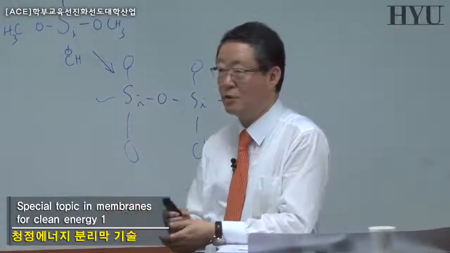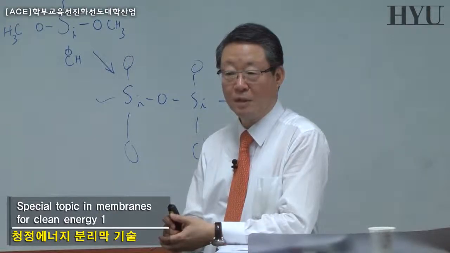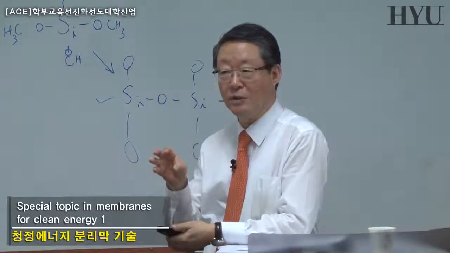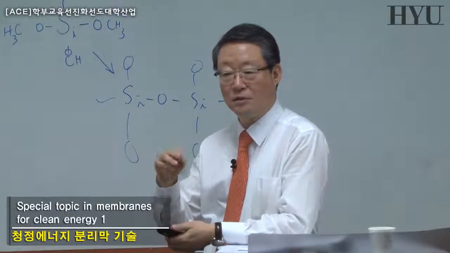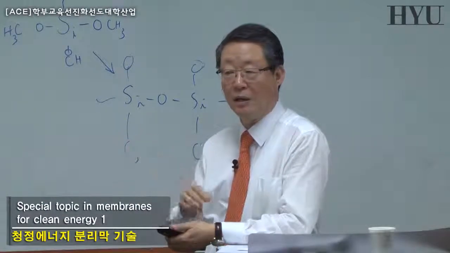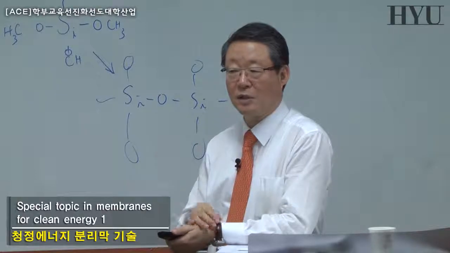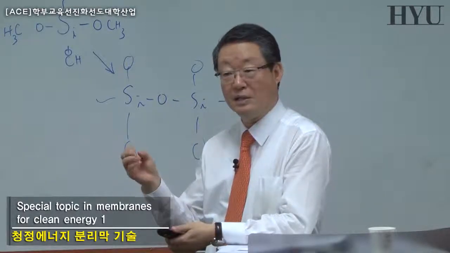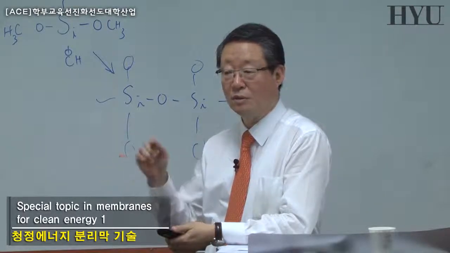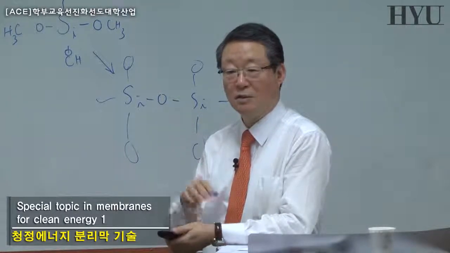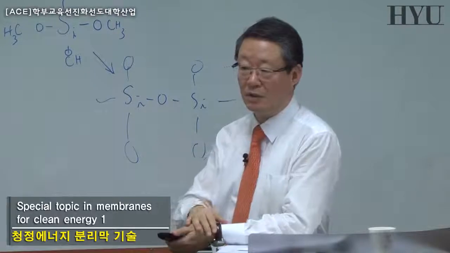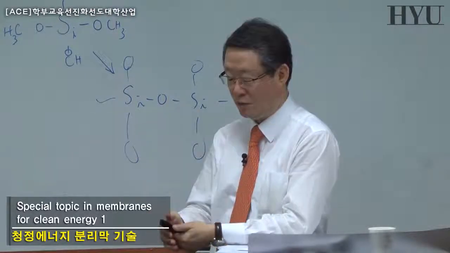The diameter was about 6 Angstrom, so that they can separate benzene from cyclohexane. The difference is not that high. Cyclohexane has about 6.2, and benzene has a kinetic diameter of about 5.8. So there is only about 10% difference between those two materials.